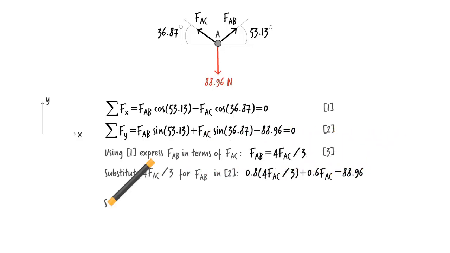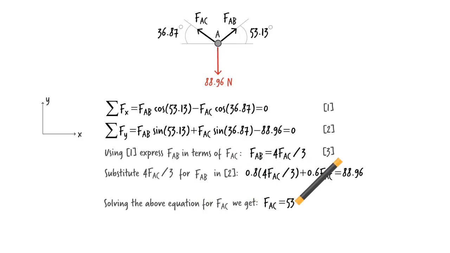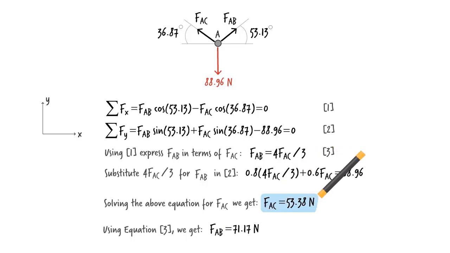Solving the equation for FAC, we get 53.38 newtons. Then, using equation 3, we calculate FAB to be 71.17 newtons. So, tension in wire AB is 71.17 newtons. And wire AC carries a tension force of 53.38 newtons.